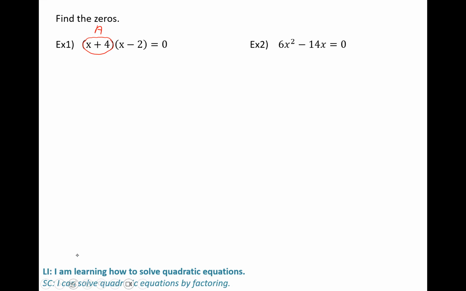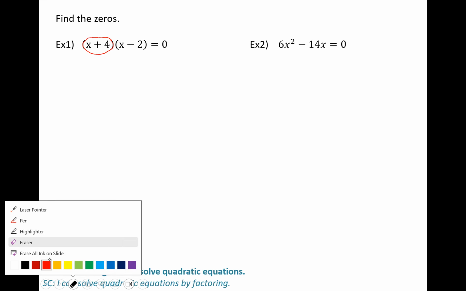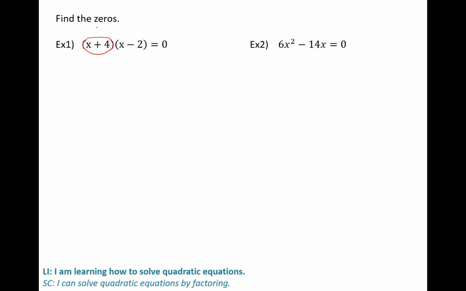And then we have my b, which I'm going to switch over to green here. This one is what I would call my b. If we go back to what we were doing just a minute ago, talking about the zero product property, I'm multiplying a times b and the answer is 0.